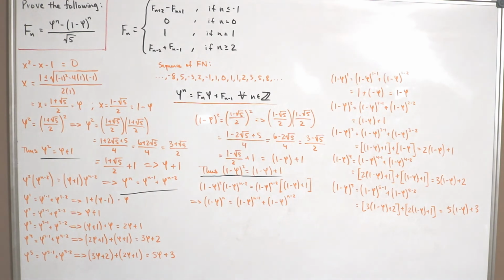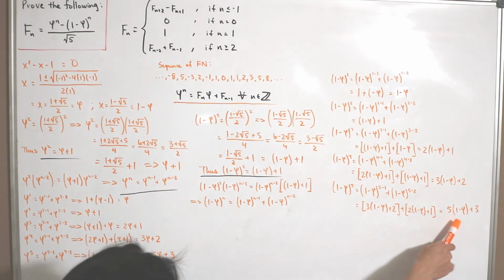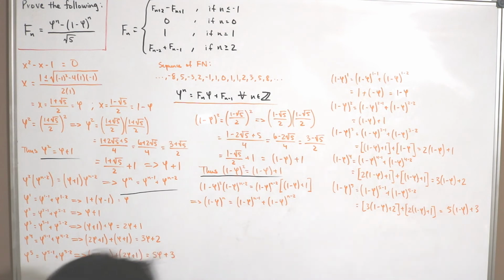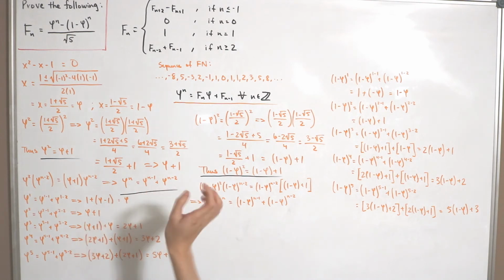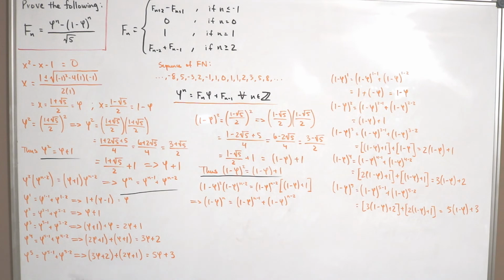So we're starting to see some pattern here. It's very similar to what we were doing over here. It's basically the same thing as before, but let's just treat 1 minus phi as some variable. You'll notice that we actually have a very similar pattern, and we can use that same formula from over here, but instead I'll substitute the phi with 1 minus phi.